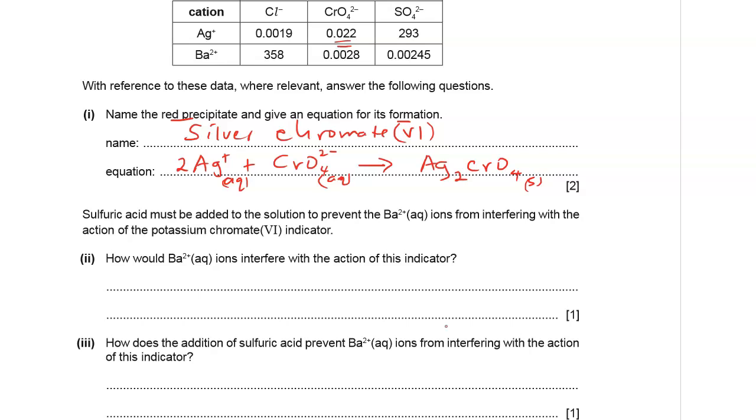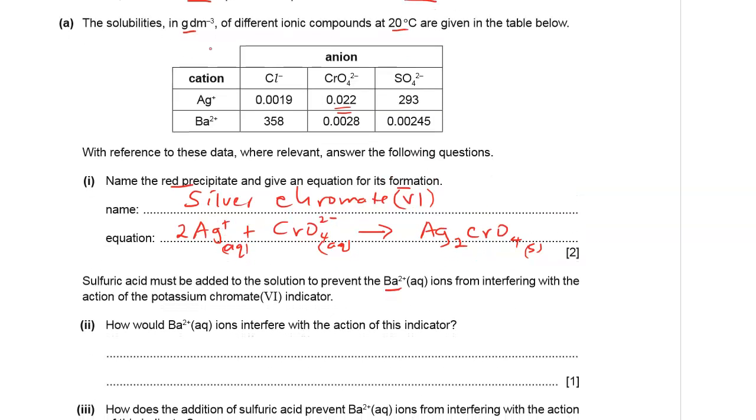Sulfuric acid must be added to the solution to prevent barium ions from interfering with the action of potassium chromate(VI) indicator. How would barium ions interfere with the action of this indicator? When barium ions react with chromate ions, they will form an insoluble barium chromate(VI).